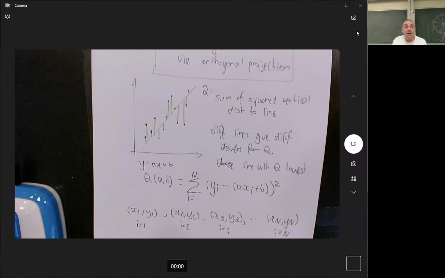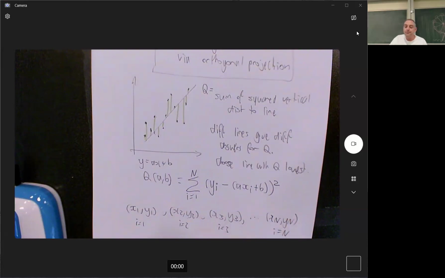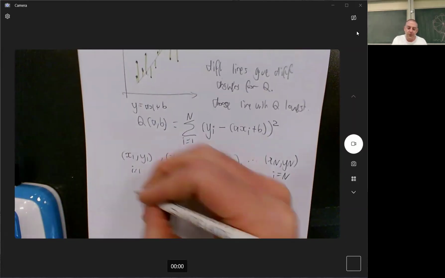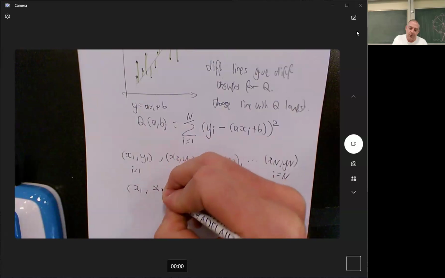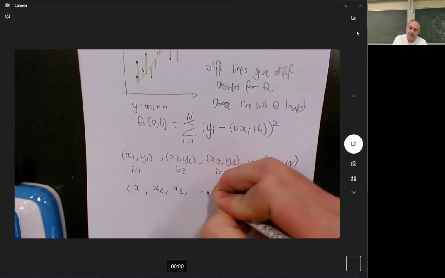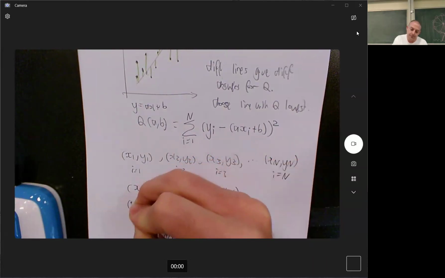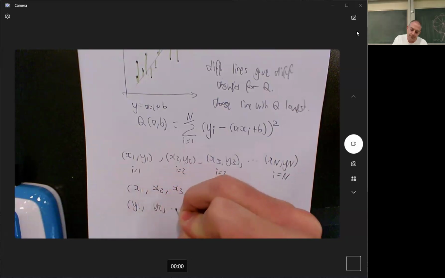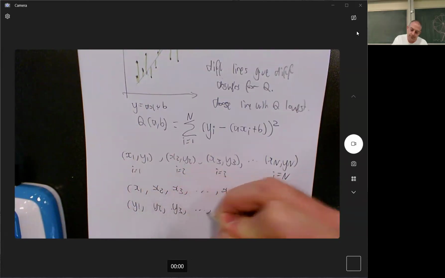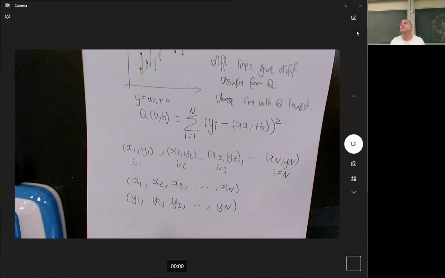Because what you're imagining here is not that you have n points each with 2 coordinates, but that you have 2 points each with n coordinates. Like that. That is what we're doing.